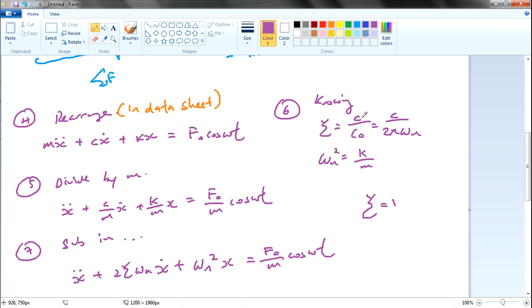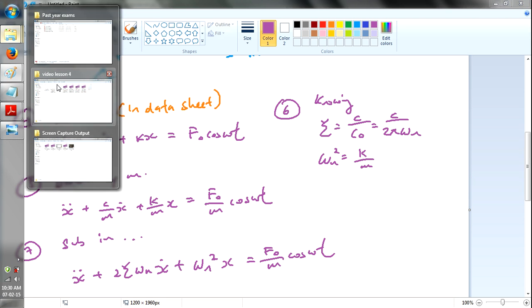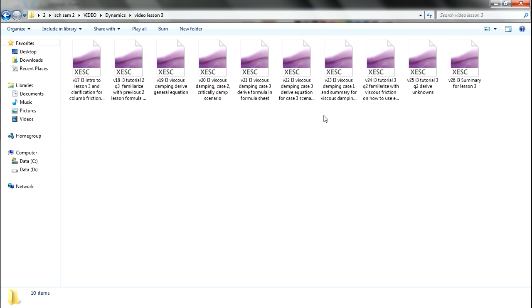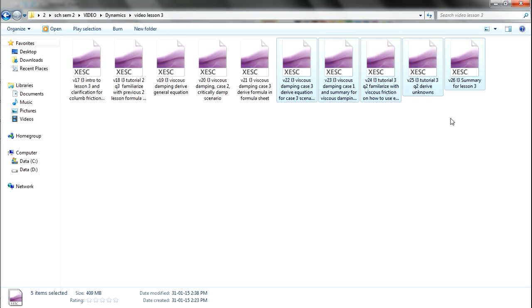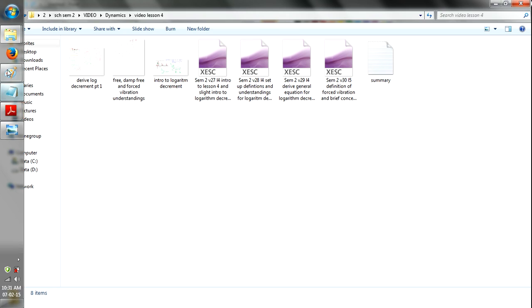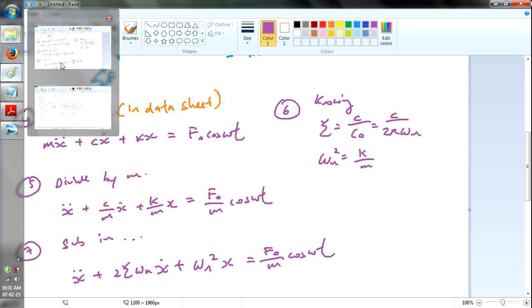You compare it with an underdamped case, or maybe overdamped, but underdamped definitely is whatever. Take note that the concept of critical damping was covered in lesson 3, most likely the damping cases. If you watch that video, you will understand the critical damping concept. So let's come back here.